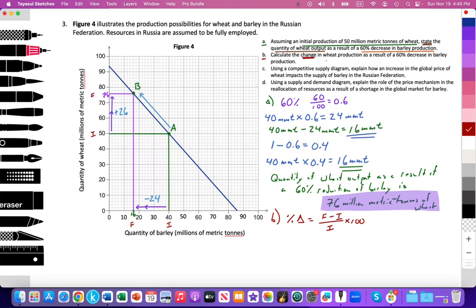This is asking us to focus on wheat. So let's plug in those numbers. We have 76 million metric tons minus the initial of 50 million metric tons. I divide that by 50 million metric tons and multiply that by 100.